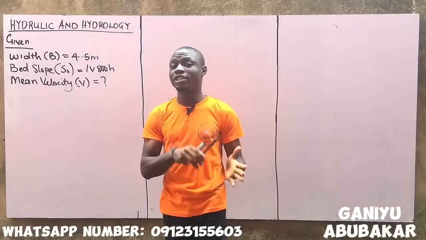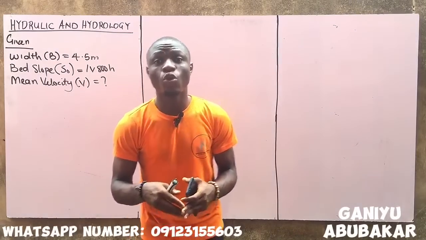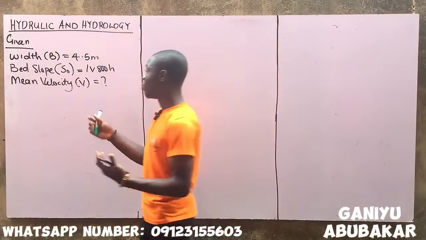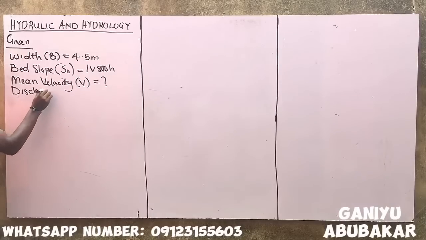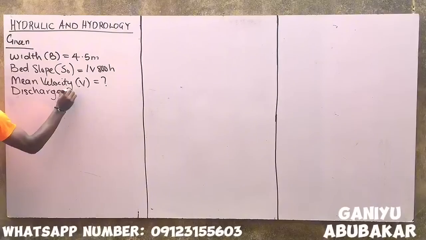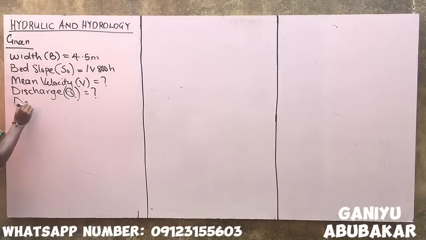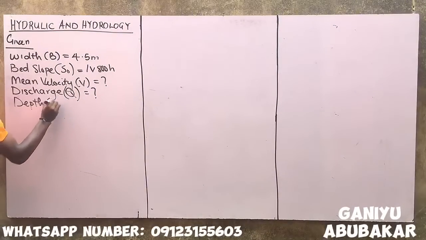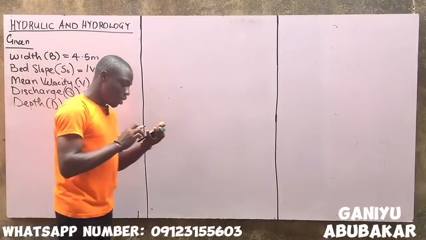In last class we talked about discharge, which is also called volume flow rate. So discharge Q is unknown, while I'm given the depth D to be 1.2 meter.